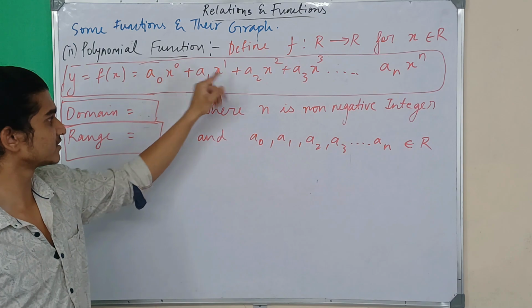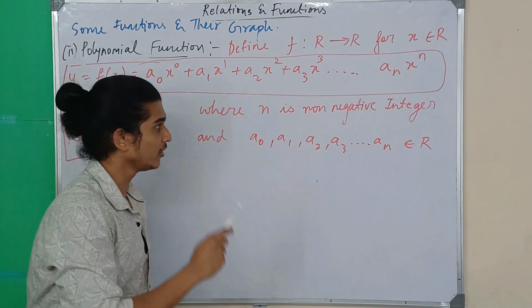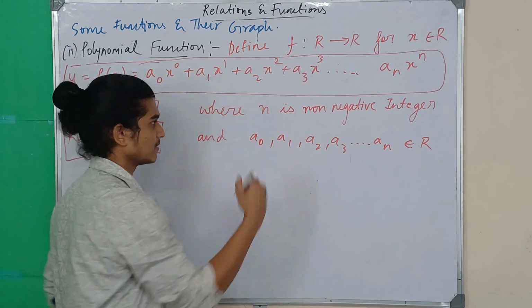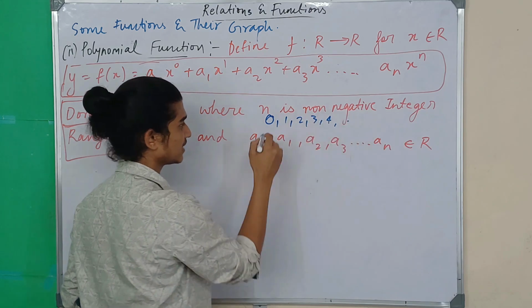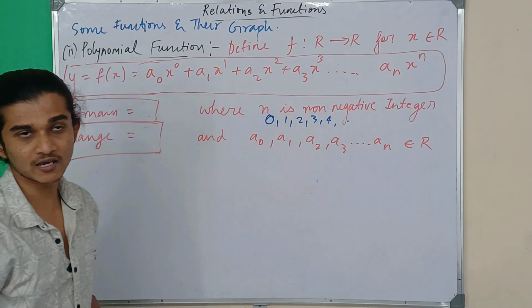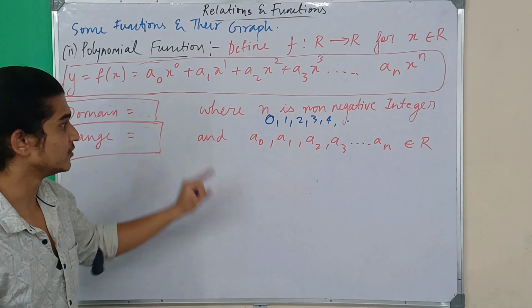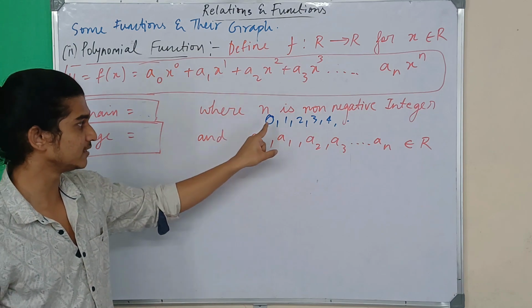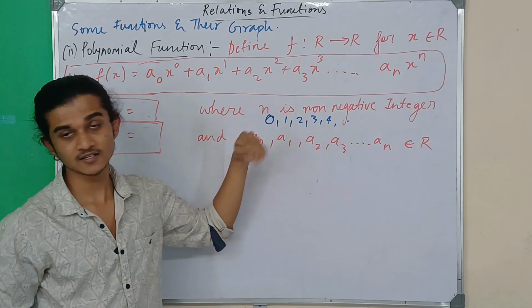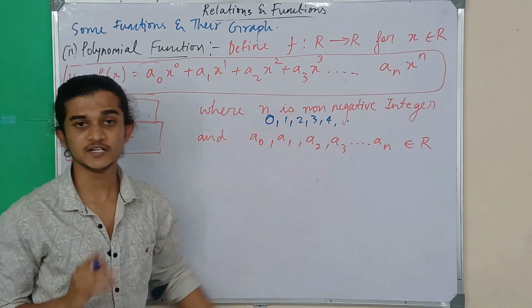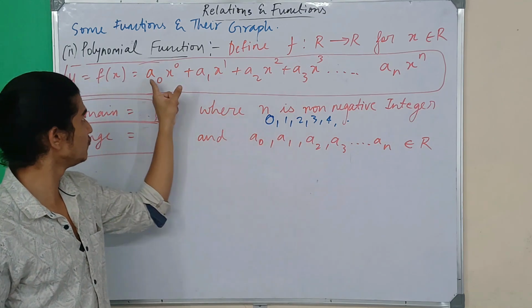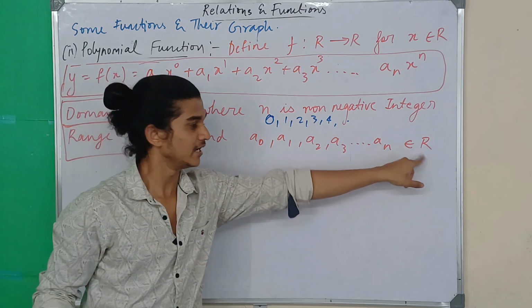Your powers of x can only be non-negative integers, like for example 0, 1, 2, 3. If they are some fraction, then it's not valid as a polynomial function. The power should always be 0, 1, 2, 3, 4, 5, 6, all the way up to plus infinity. It should always be a non-negative integer, whereas the coefficient could be any real number.